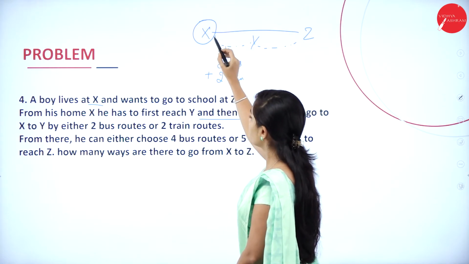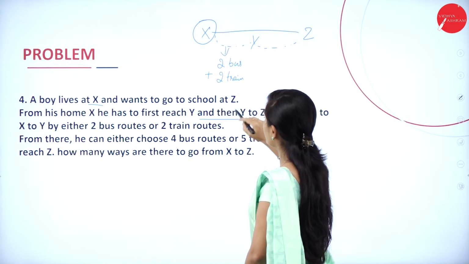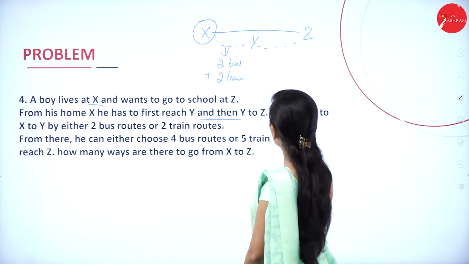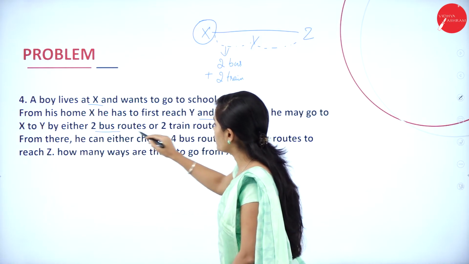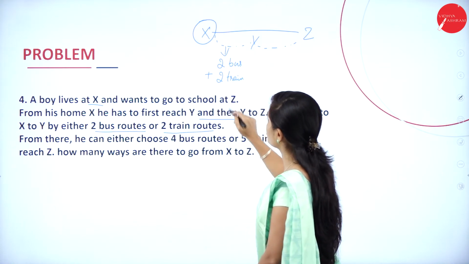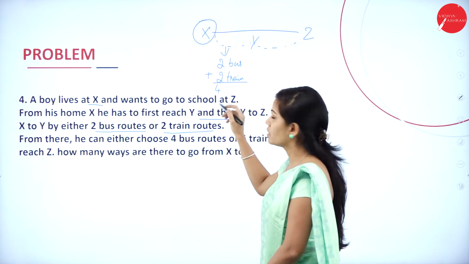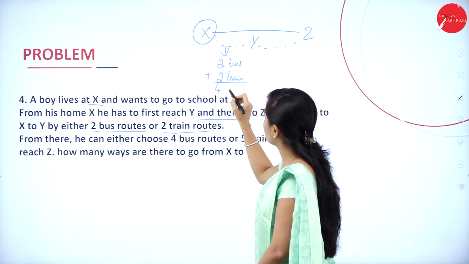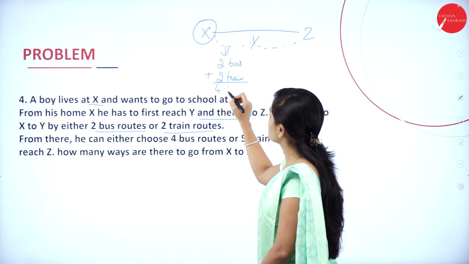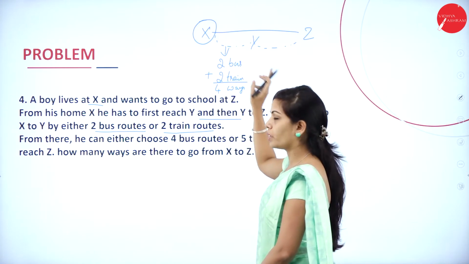From his home X, he has to first reach Y and then Z. He may go from X to Y by either 2 bus routes or 2 train routes. So 2 plus 2, he can reach by 2 bus routes plus 2 train routes. So 4 ways he can reach from X to Y.